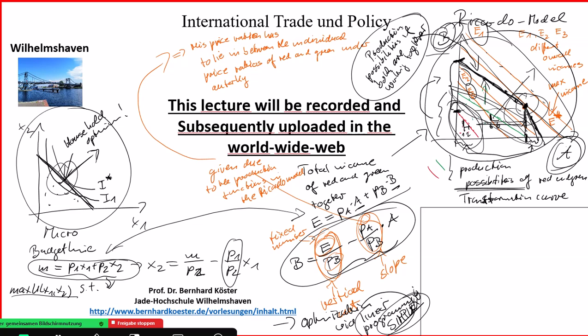And then we can interpret this orange line here as the total income line. Have I written it down?